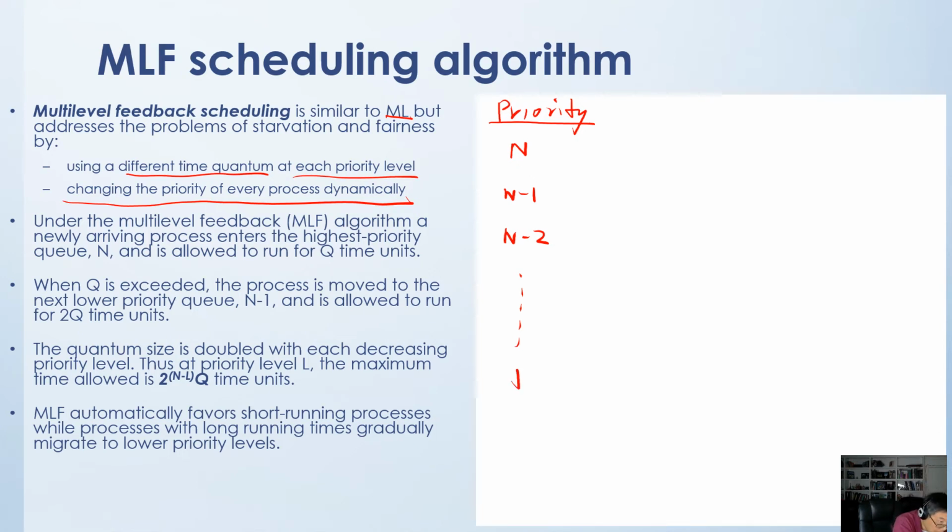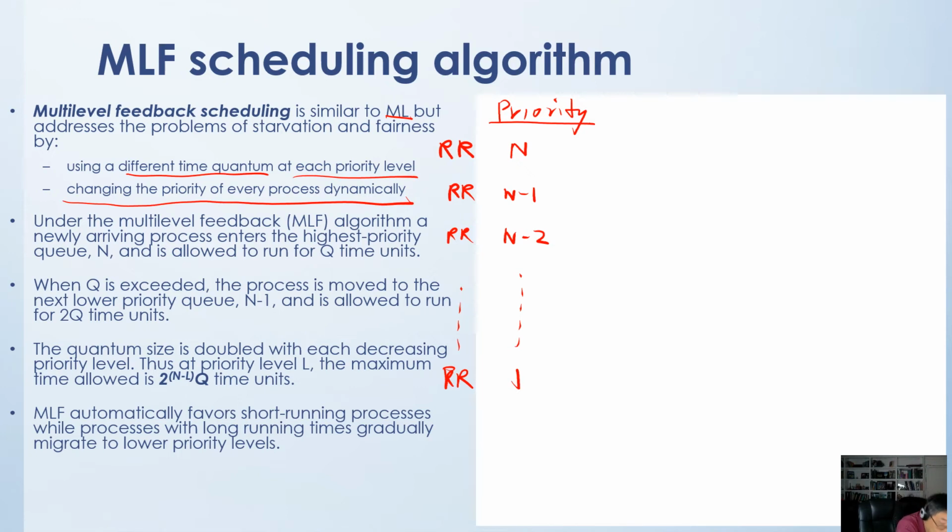Now, for each priority level, just like the multi-level algorithm, we use round robin. Instead of assigning a priority to each process, using the multi-level feedback scheduling algorithm, we're going to use round robin.